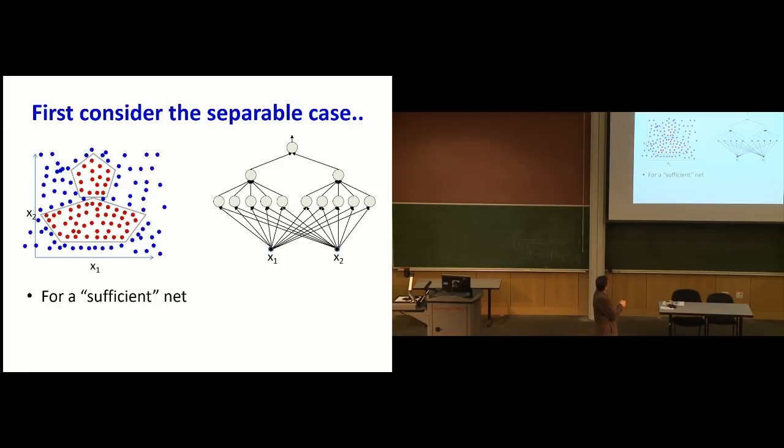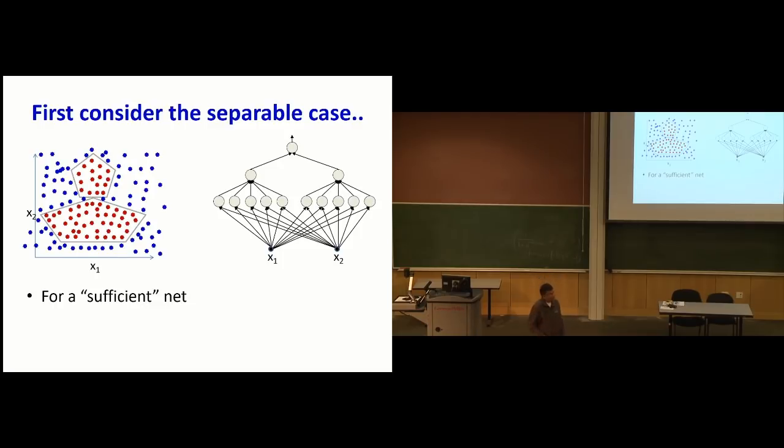The second pentagon can be captured using another version of the same 5 first layer neuron network. And then these 2 pentagons can be combined to give you the final overall classification, right? This we have seen.